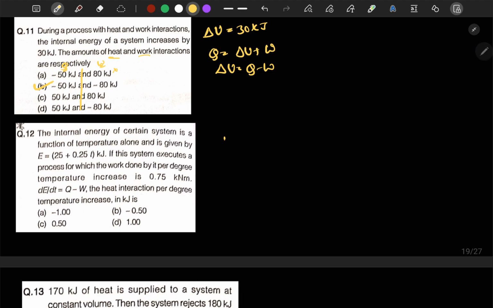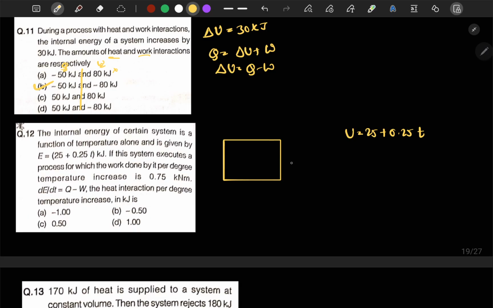Okay, so it is given that there is a certain system, and internal energy of the system is given. So this internal energy U is given by 25 plus 0.25 T. Okay, and it is mentioned that the system executes a process in which the work done by it per degree temperature increase is 0.75 kilonewton meter.